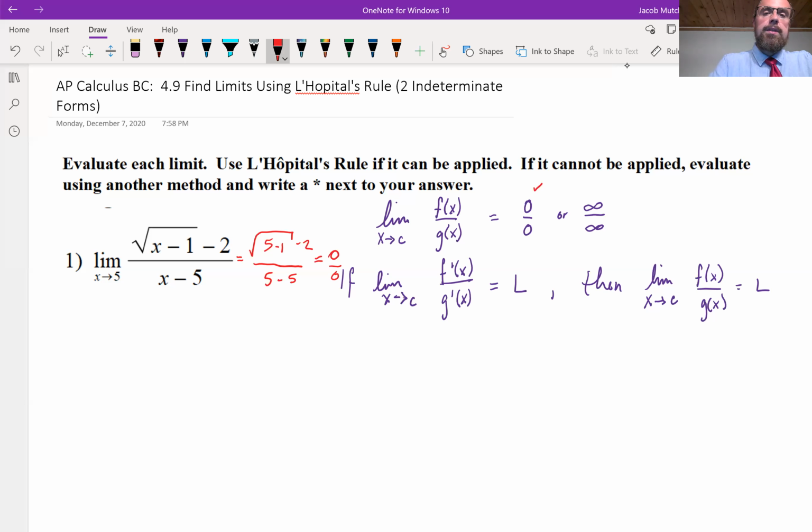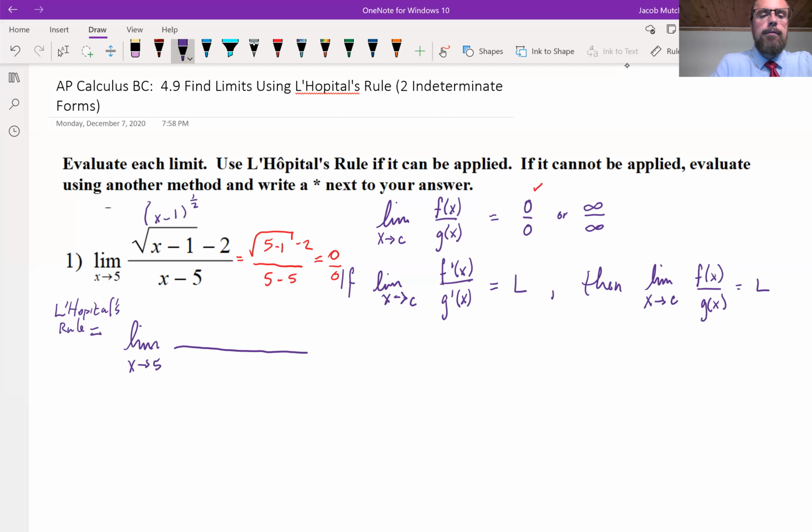So we're going to apply L'Hopital's rule, and I always record that I've done that by writing L'Hopital's rule over that equal sign where I'm actually applying it. So I would say this equals the limit as x approaches 5. And I want to take the derivative of this numerator, so I can think that that square root of x minus 1 is really x minus 1 to the power of 1/2.